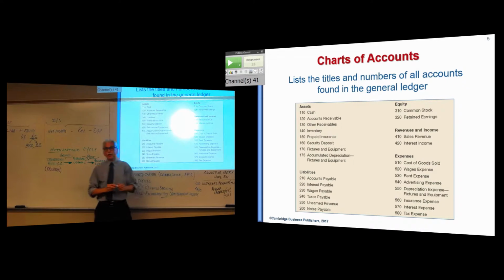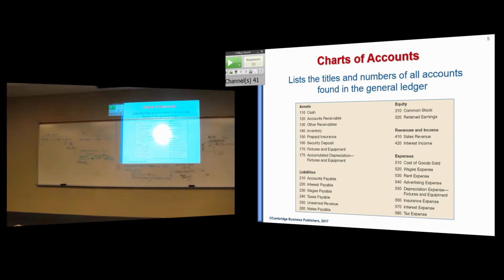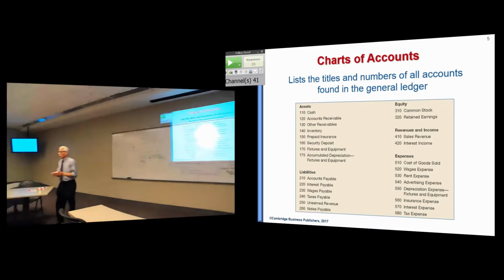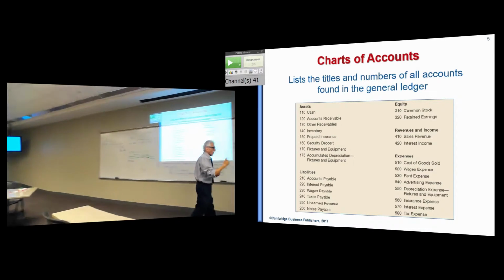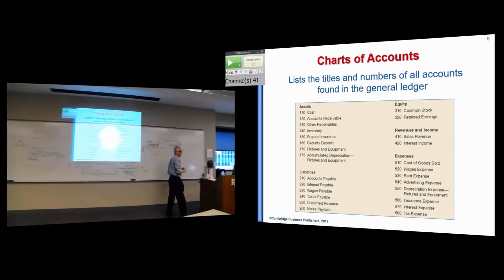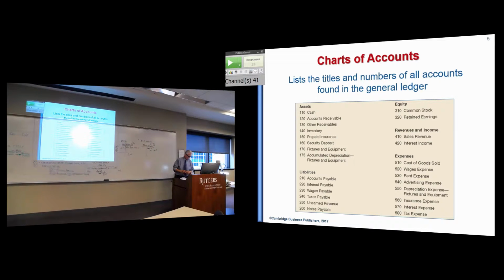And that's the way you would enter it. You wouldn't be making journal entries, you would be putting the account numbers in. So you instruct the computer to debit account 250 for $100, and you would instruct the computer to credit account number 410 for the revenues for $100. So that's the way it would work.